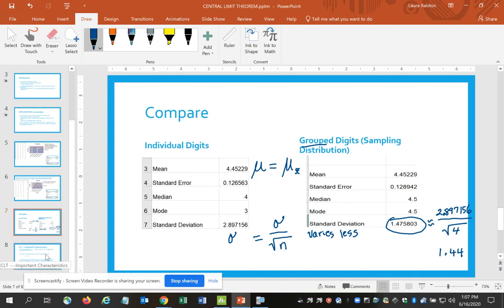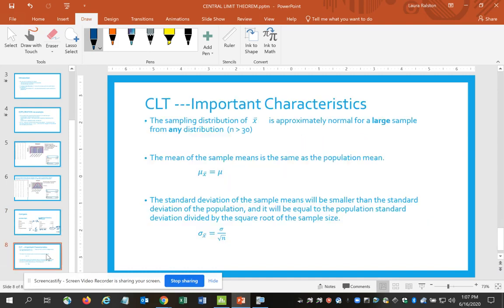Okay, but here are the 3 things that really come out of the central limit theorem. One is the sampling distribution of X bar is approximately normal. So regardless of what type of distribution you start with, if you have a large sample, which is 30 or more, and you apply the central limit theorem to that distribution, then it becomes approximately normal.